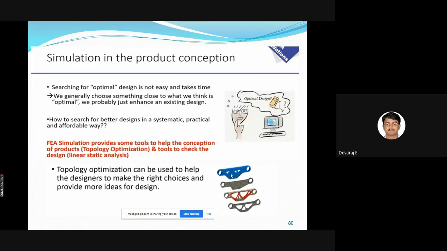Once you get the stress analysis, wherever the material is not required, it will remove it by itself. And finally you can see the third figure. The third figure indicates what is called the optimization design. The material used for manufacturing the product will be less, right?